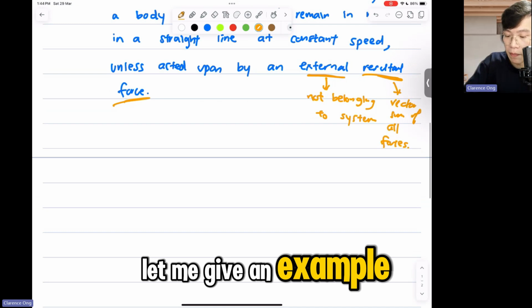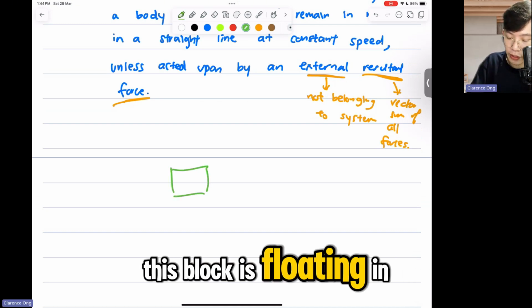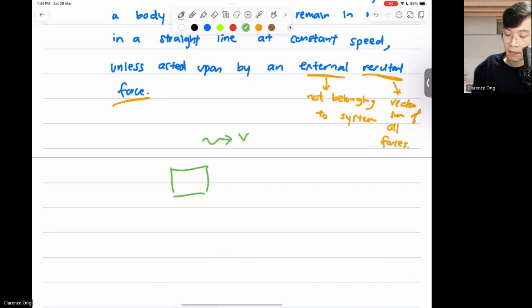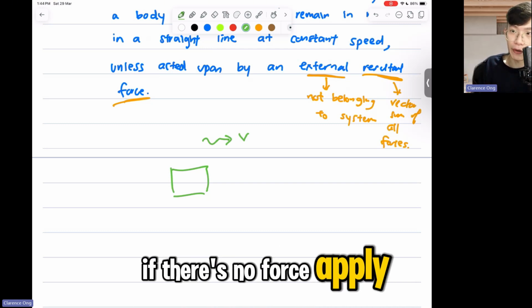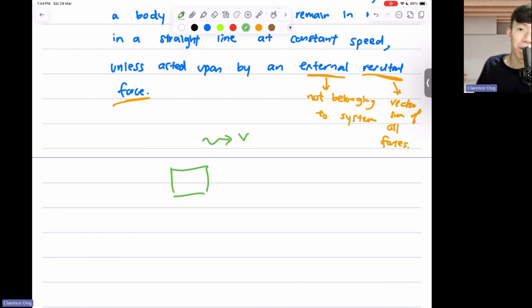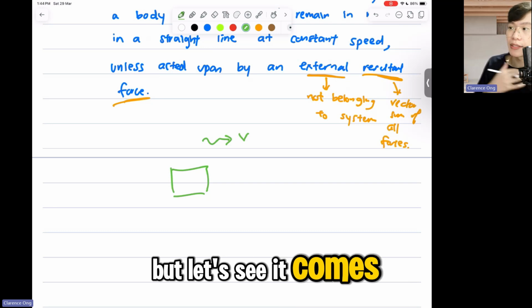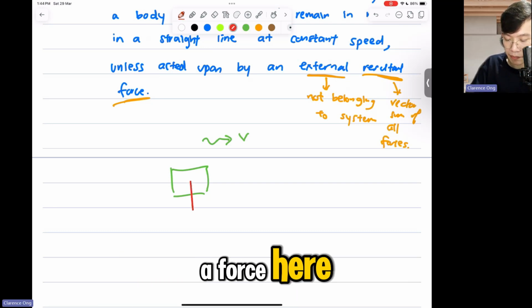Let me give an example. Let's say I have a block. This block is floating in space with a velocity v. If we don't do anything to this block, if there's no force applied on it, then the block will continue to move at v forever. But let's say it comes near Earth and it experiences a force here.